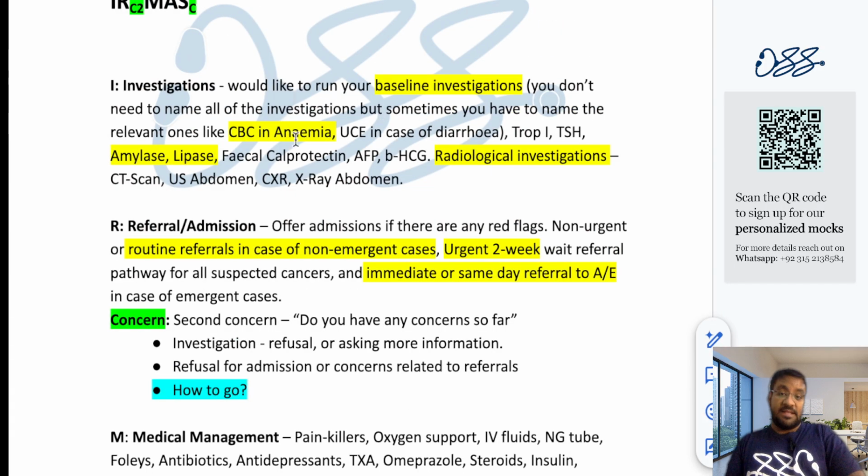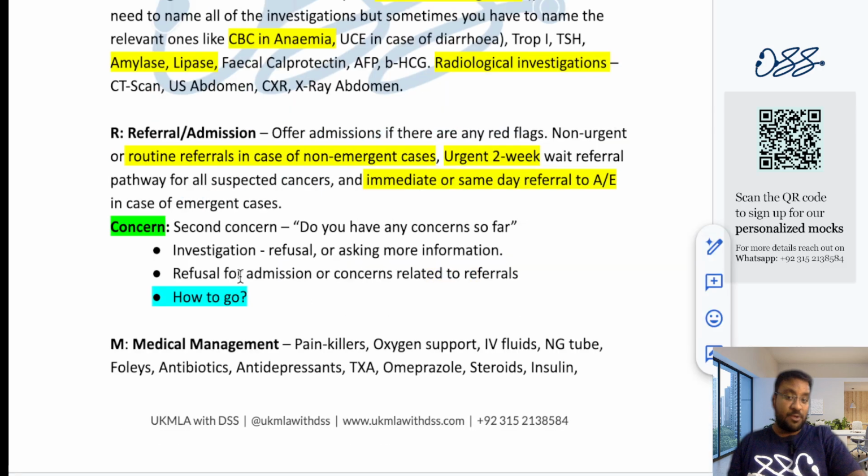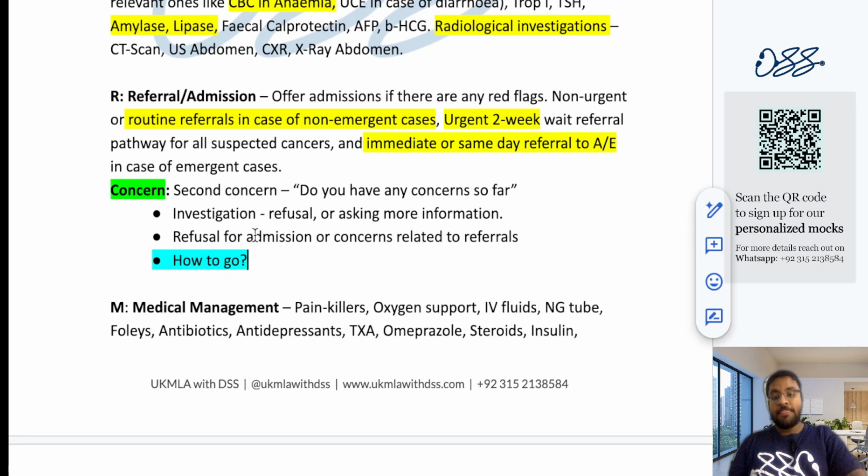And then the patient would say, doctor, I have my own car, so will it be okay if I drive and go on my own? So you're going to say that no, since it's an emergency condition, we don't want to put your life at risk, so it's better that you call an ambulance. So a concern can be like this as well.